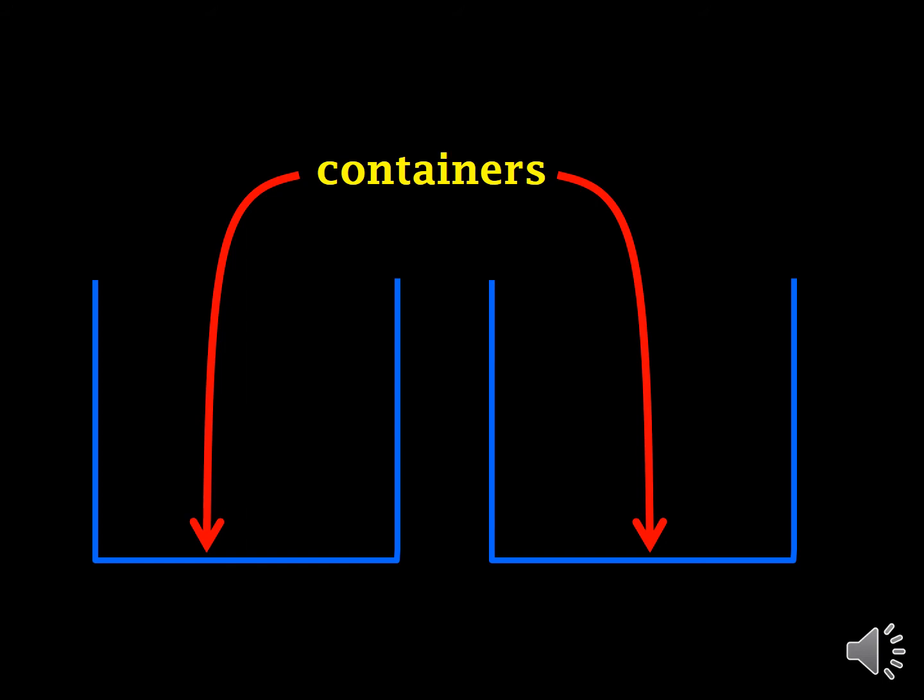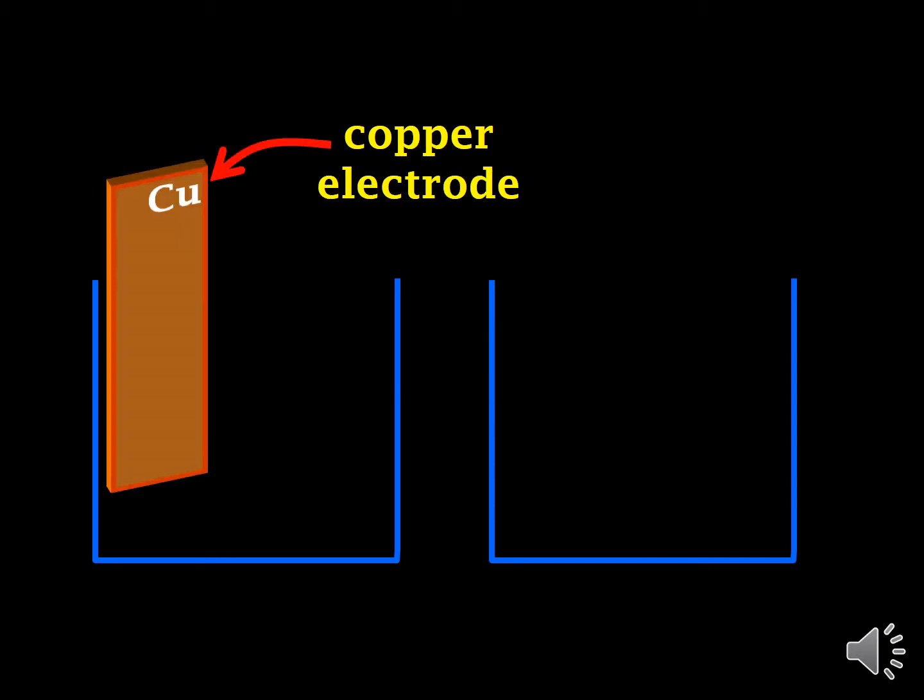First of all, we will take two containers and then add the copper electrode in one of the containers. And we know that the copper electrode is made up of copper atoms, as shown in the diagram.